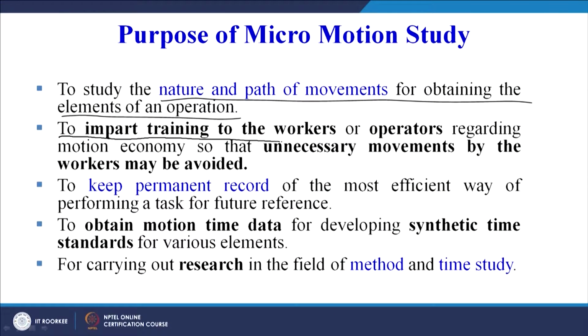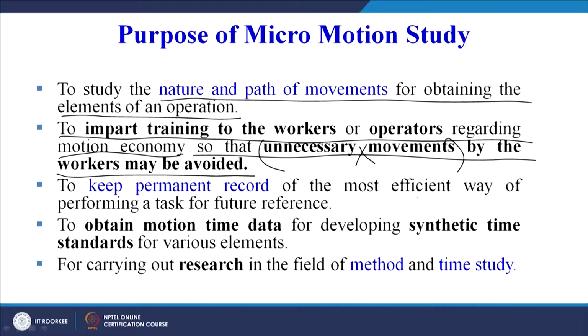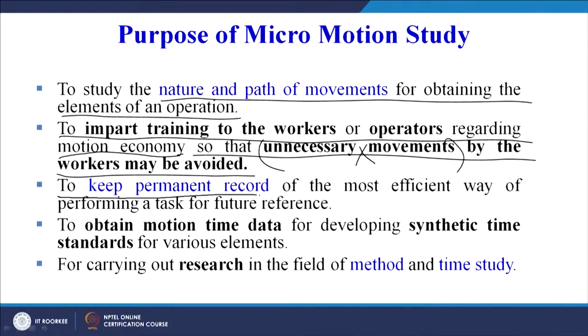Then it can be used to impart training to the workers or operators regarding motion economy, so that unnecessary movements by the workers may be avoided. So, unnecessary movements we want to avoid, and the study of micro motion will help us to avoid them. Next, to keep a permanent record of the most efficient way of performing a task for future reference.